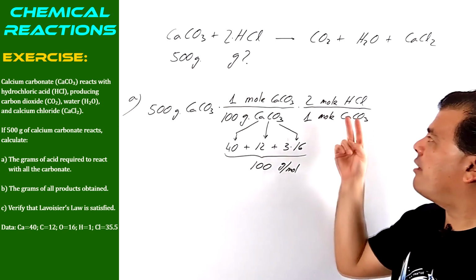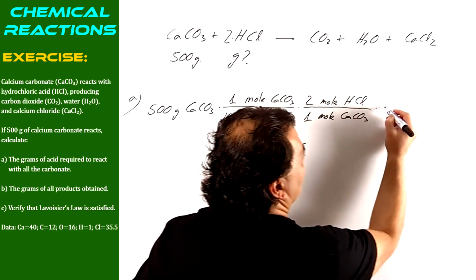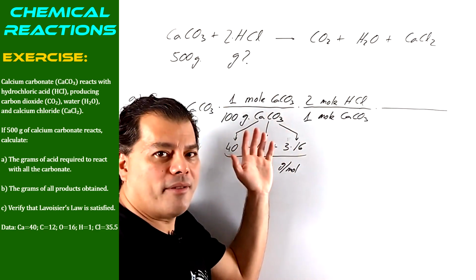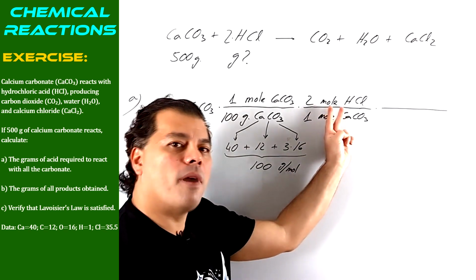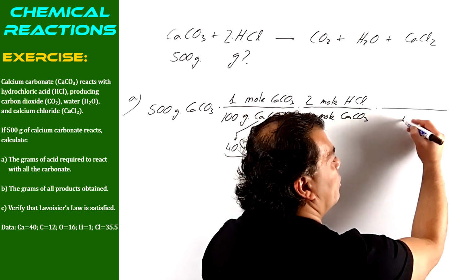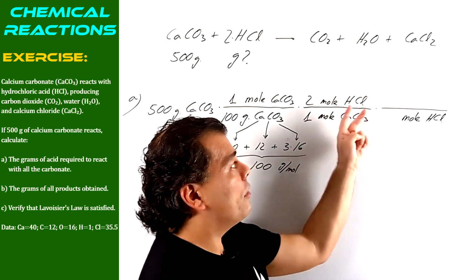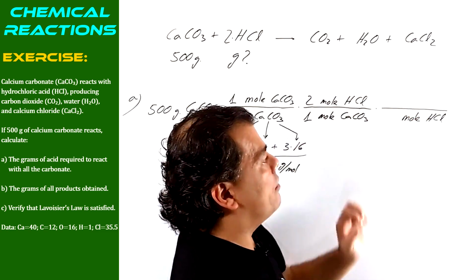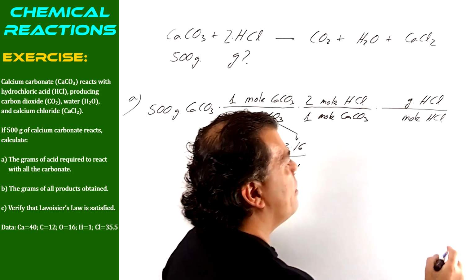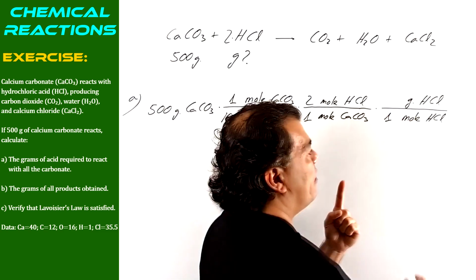And now that we are already playing with hydrogen chloride, it's time to place the last conversion factor, which is similar to this one. It will help us to move from moles of hydrogen chloride, so that's why we're placing mole of hydrogen chloride in the denominator in order to kill this one. And let's move to grams of hydrogen chloride. Just like here, with 1 mole, we will do the calculation.